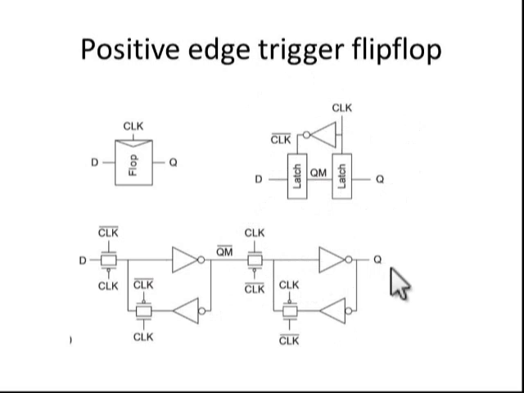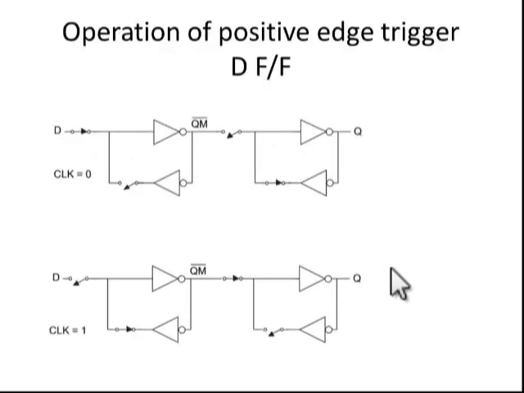Okay. So this is for positive edge trigger flip-flop. So next we will see how it's going to operate. Okay. So when clock equal to 0, what will happen? It gets the data. Am I correct? So it will be stored here. Okay.